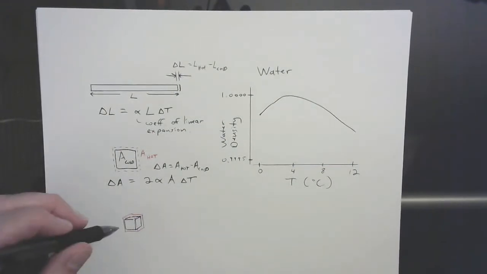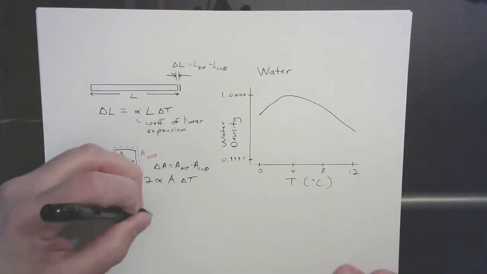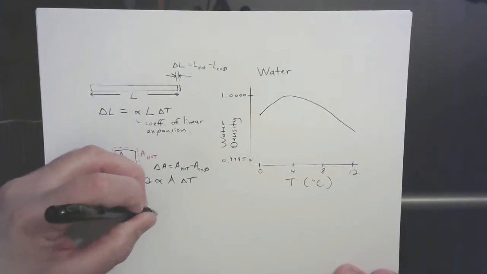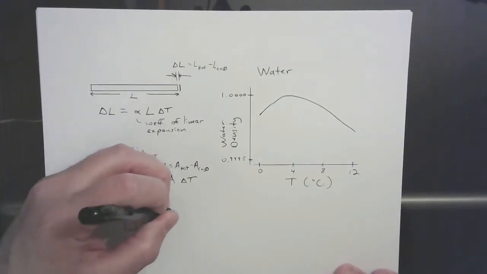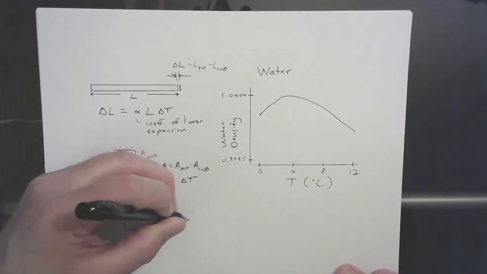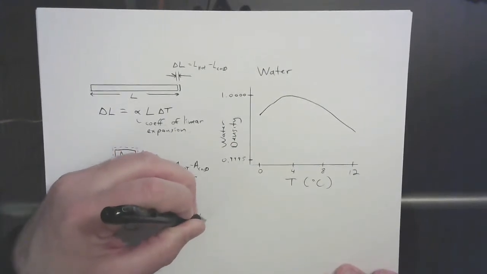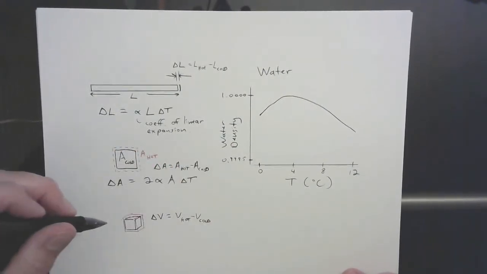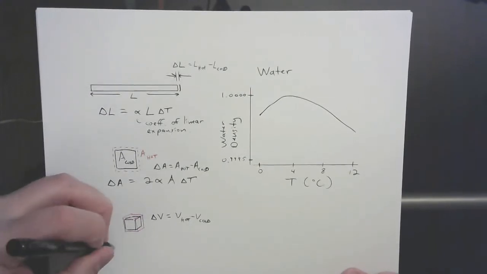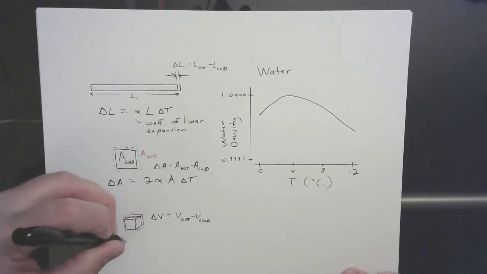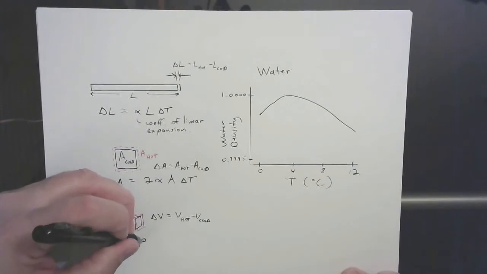When we get to volume, so here's our volume, delta volume is volume hot minus volume cold over some change of temperature. And that's equal to, we usually use a different coefficient.